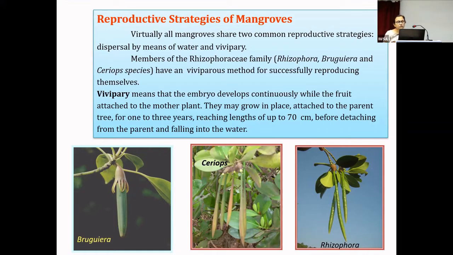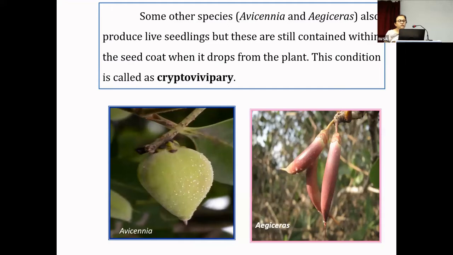As soon as there is a decrease in salinity during the rainy season, they fall into the water and germinate. Here are 3 species, Ceriops tagal, Rhizophora mucronata, and Bruguiera gymnorrhiza, which have a viviparous mechanism. Avicennia and Aegiceras have a cryptoviviparous mechanism.